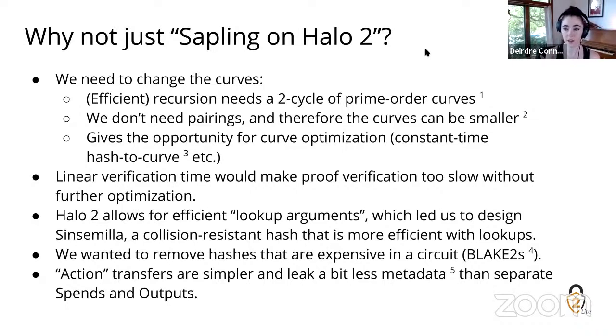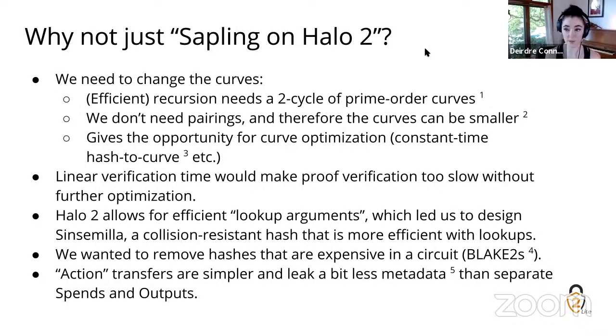One nice thing though about the new pasta curves is, since we don't need to use pairings anymore, we don't need pairing-friendly curves. Therefore, our curves can be smaller, because to support pairings with a pairing-friendly curve, those curves generally need to be bigger and have bigger fields to be cryptographically secure.